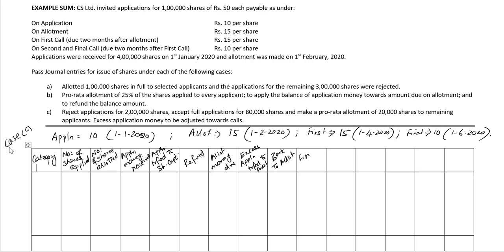The additional columns: first call due, excess application to first call, and bank to first call.